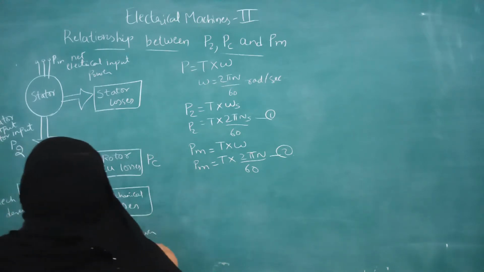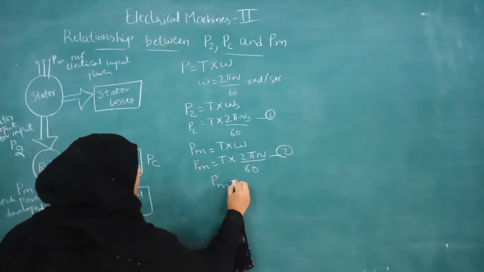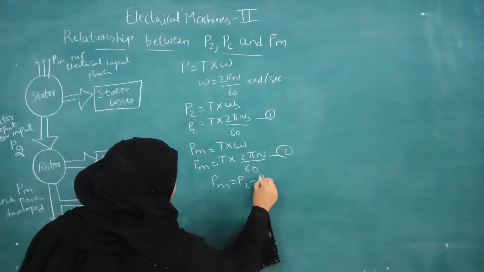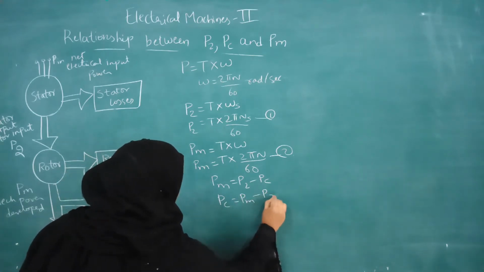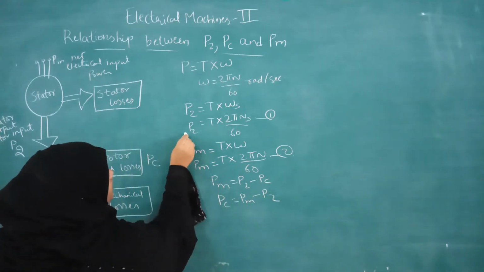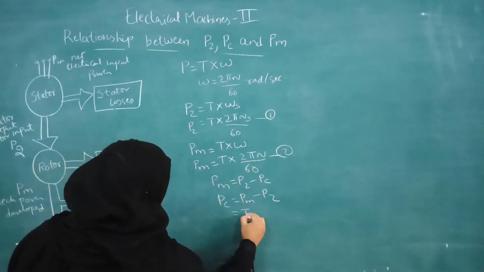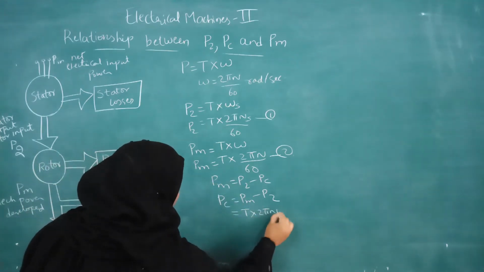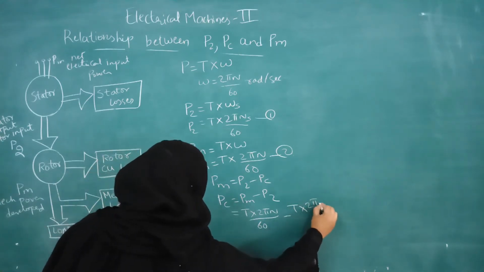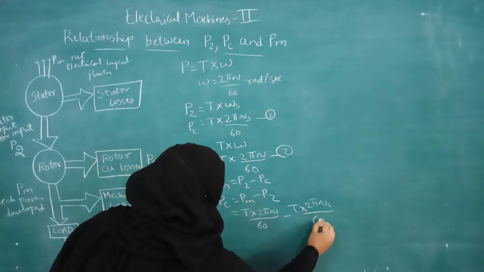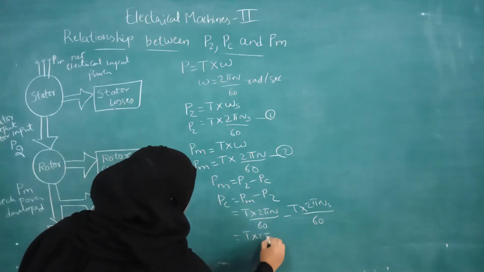Now PC equation we know from the diagram: PM is equal to P2 minus PC, or PC is equal to P2 minus PM. We know the value of PM and P2. Substitute here. So what are we going to get? T into 2 pi Ns by 60 minus T into 2 pi N by 60. I can take common terms here, T into 2 pi by 60.